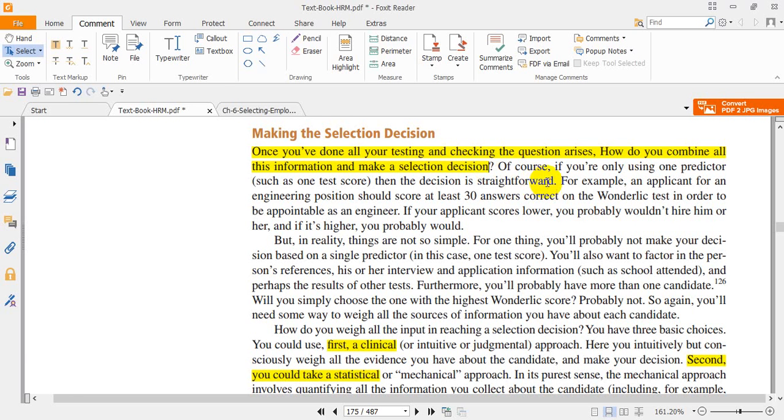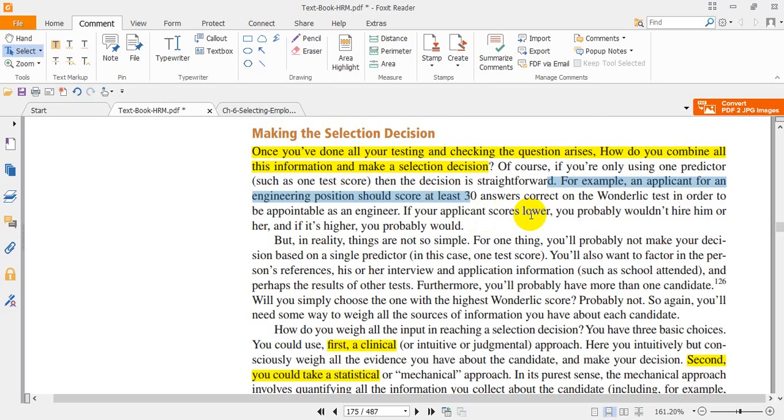The decision is easy if we are only using one predictor or one test. For example, an applicant for an engineering position should score at least 30 answers correct on some test in order to be appointable as an engineer.